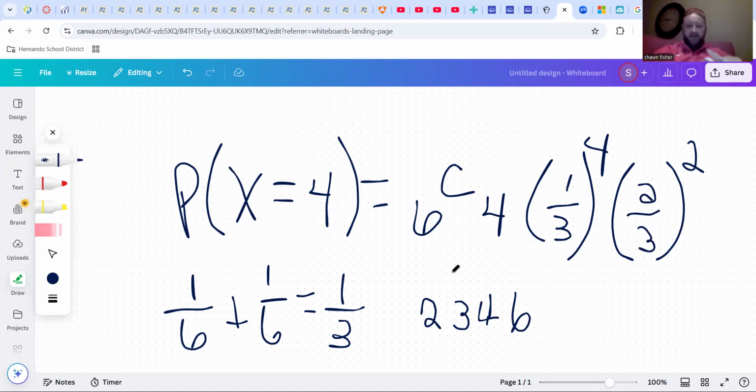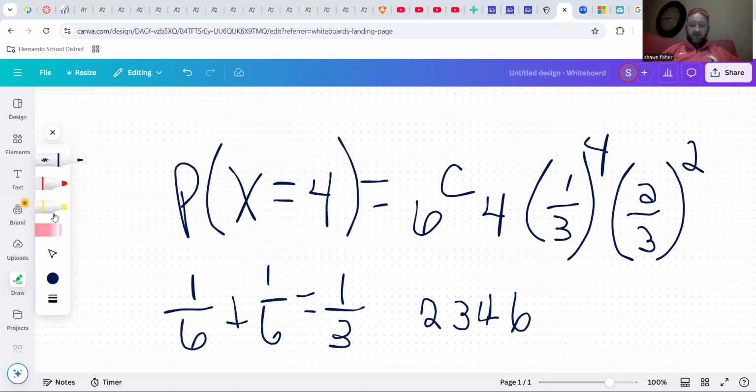All right, let's put all that in my calculator, and you probably won't be able to see it, and I'm going to check my answer, make sure we're right. So I'll go 6, and I'm going to choose. Remember, we go to math, probability, choose 4. Well, there's 15 ways that can happen.